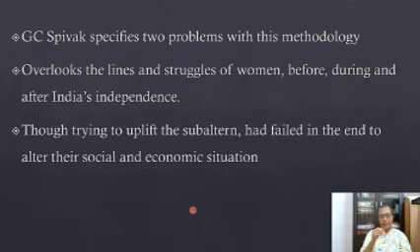Before independence, we just couldn't do anything about it, but after independence, it is in our hands, and naturally we have to do something about it. About that, Spivak is very specific, and she is also someone who speaks for the women and the struggles they had and their contribution towards the independence in their own way.